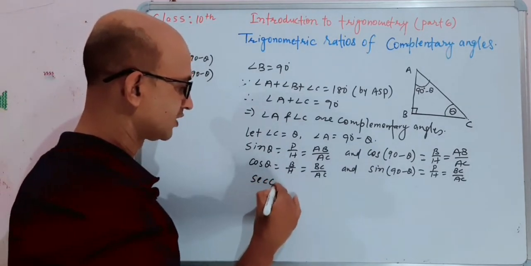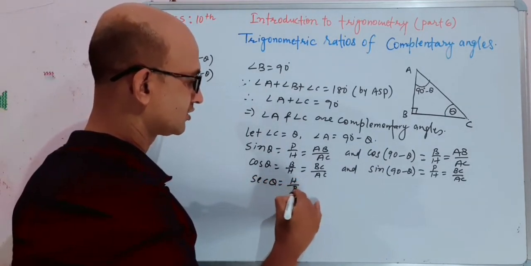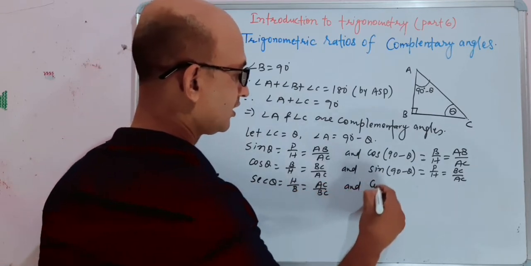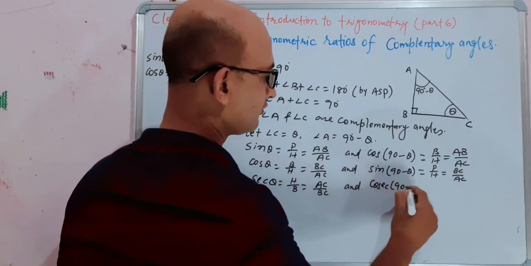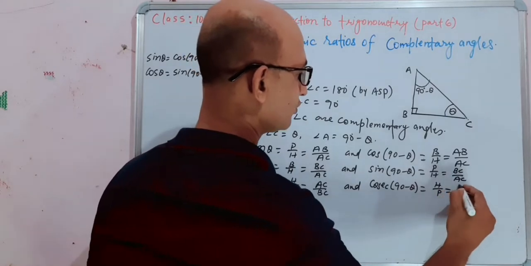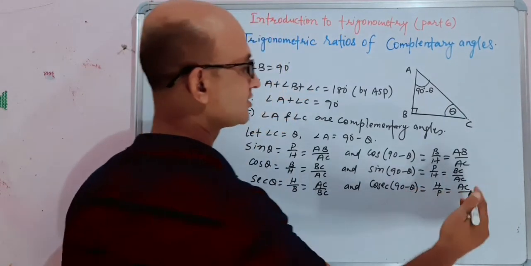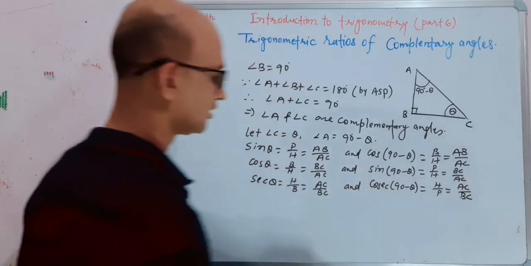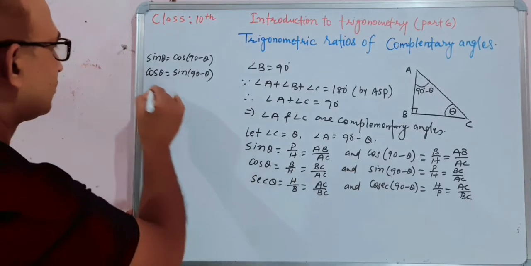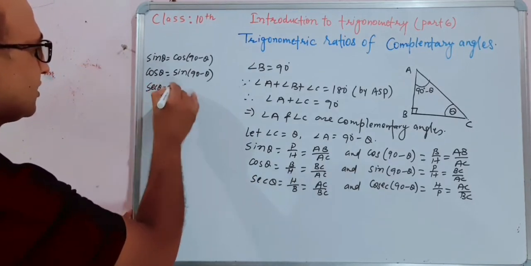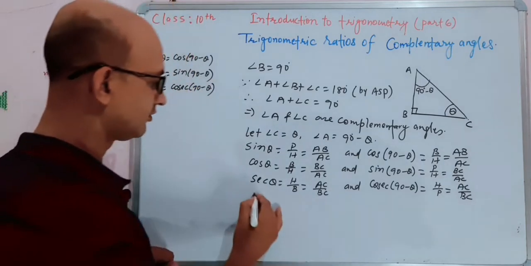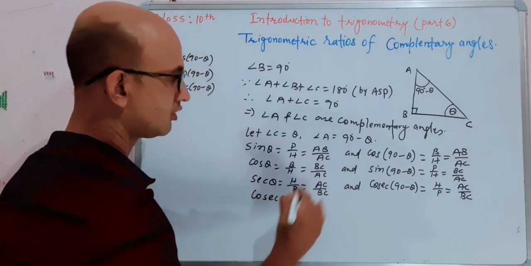Now find sec theta. It is hypotenuse by base, that is AC by BC, and find cosec of 90 minus theta, and cosec is the ratio of hypotenuse and perpendicular, so cosec 90 minus theta equals AC by BC. Therefore, sec theta and cosec 90 minus theta are equal. Again find cosec of theta.